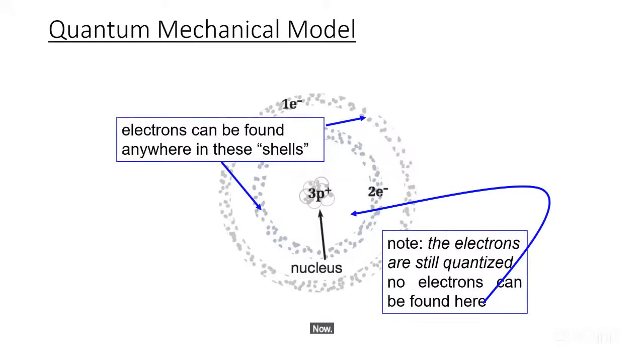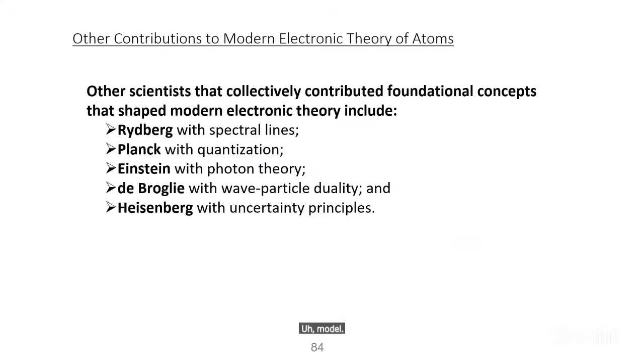Now, this is the summary of the Bohr and Schrödinger models. Now, you have other scientists that have also contributed to the concepts that shaped modern electronic theory.